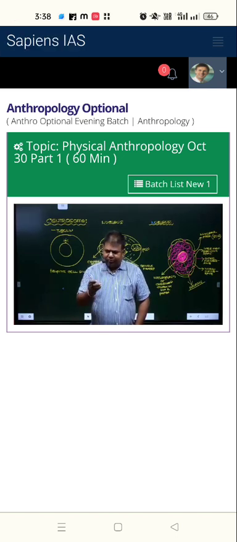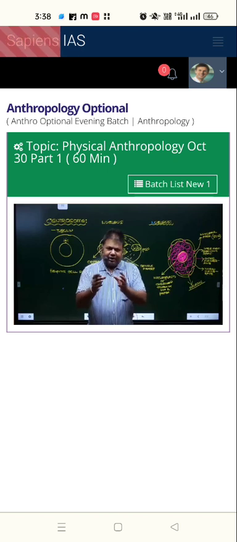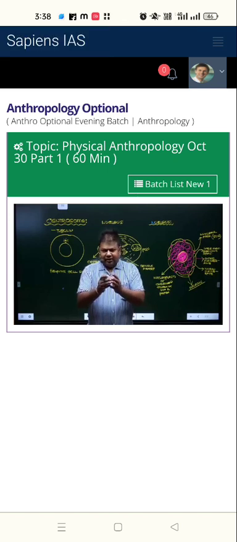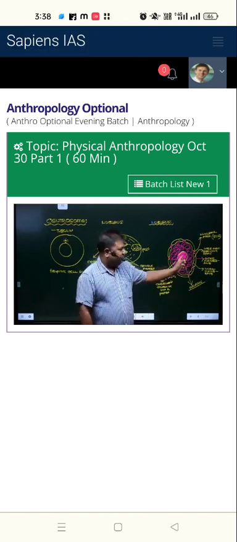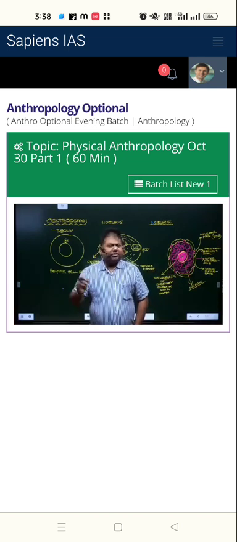Out of 46 chromosomes, some have secondary constriction. Not all the chromosomes. यहाँ तक clear है? So there are some situations when chromosomes having secondary constrictions come together. And now, if you take a photograph with the help of an electron microscope, it appears to be a ball-like structure. That structure is called the nucleolus.